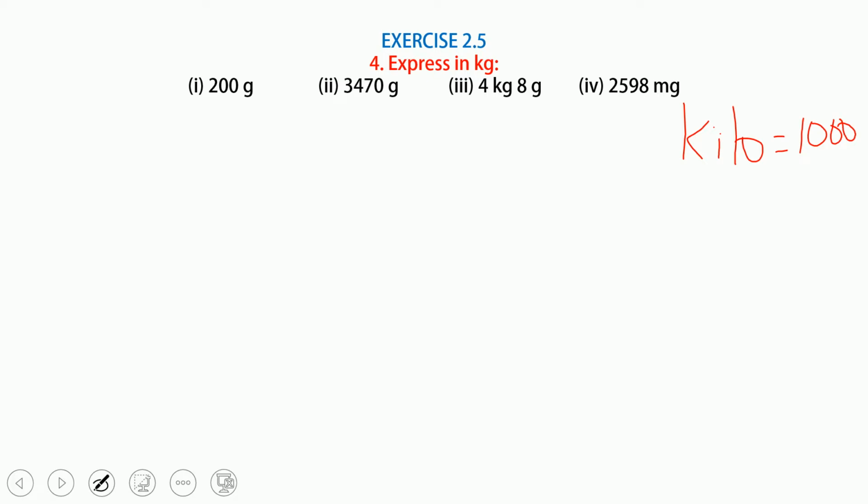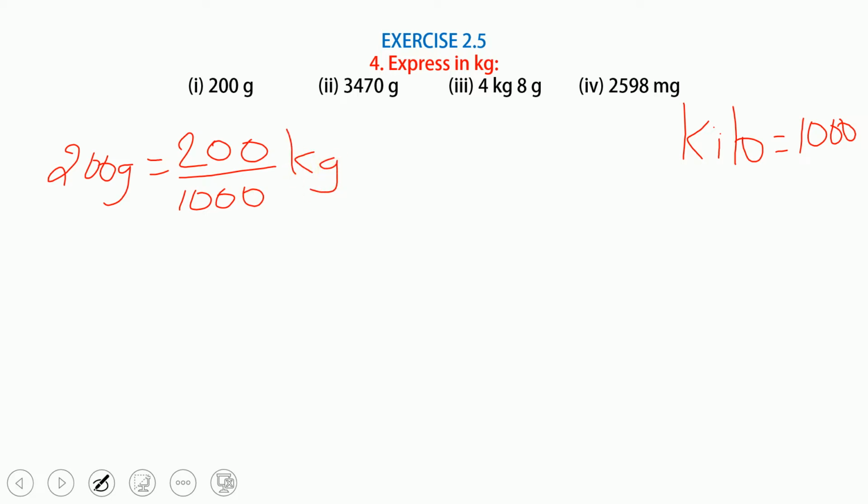Here it is 200 gram, so we can say 200 divided by 1000. In order to convert it into kilogram, you have to divide it by 1000.